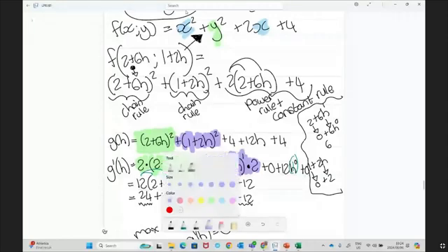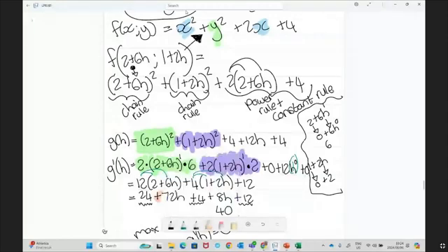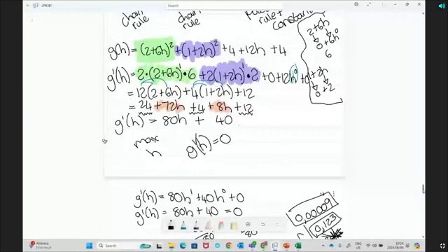Then this one and this one give you 80h. So that is the derivative, and then you can set the whole thing equal to 0. So there we go, it's the same as this.